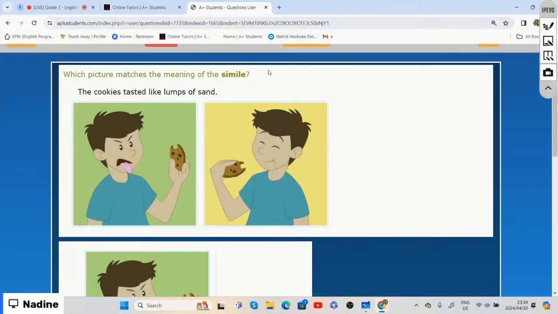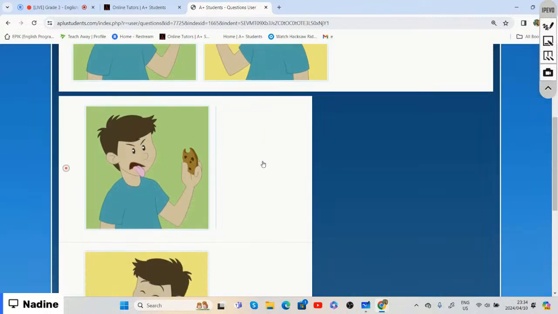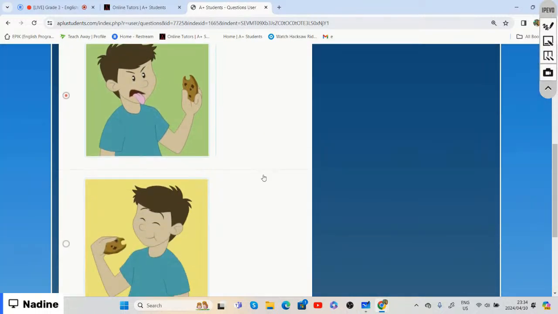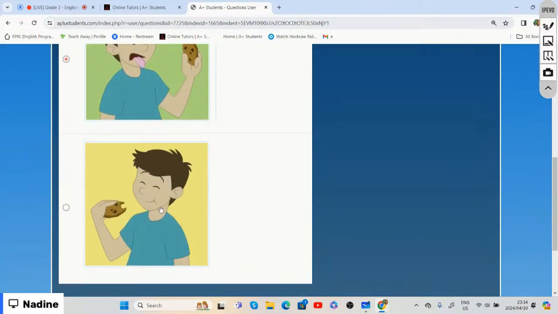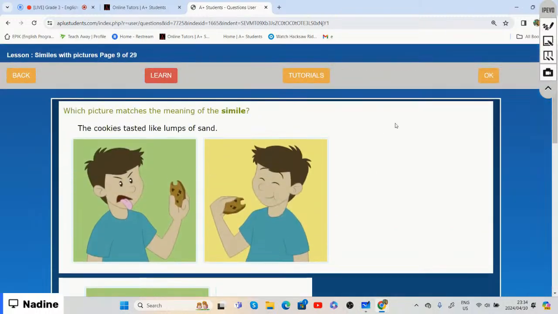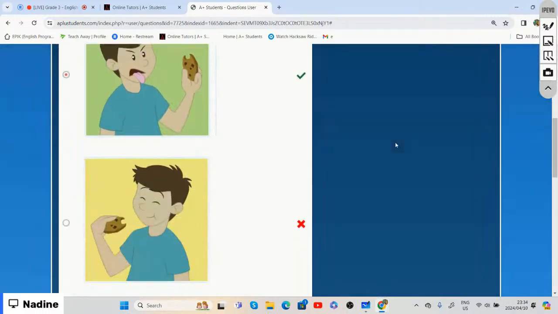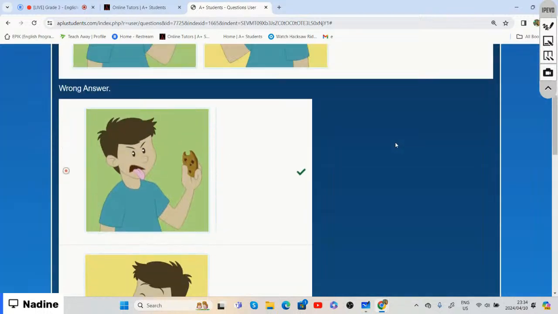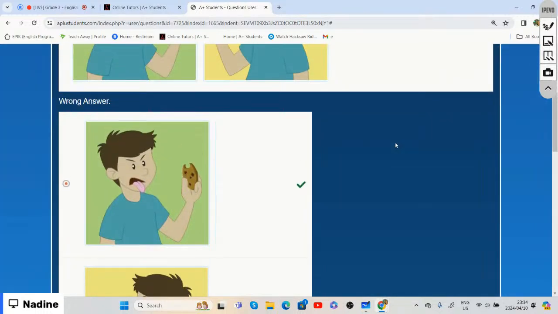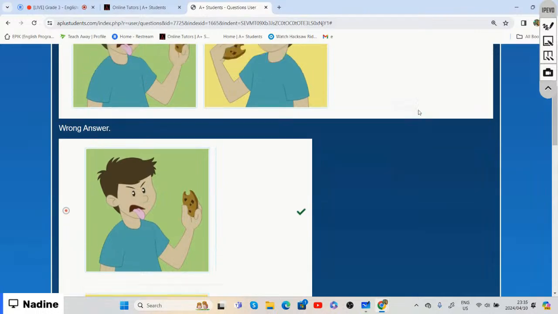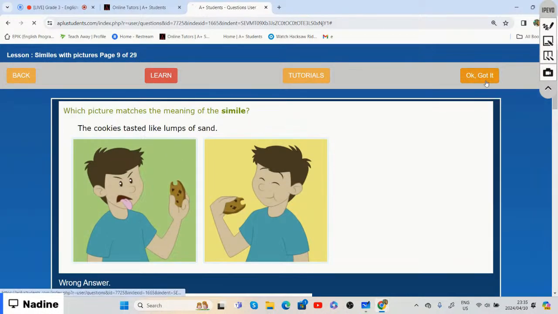So if it says lumps of sand, then it means that he's actually pulling his face, right? Instead of being happy. So he's pulling his face.